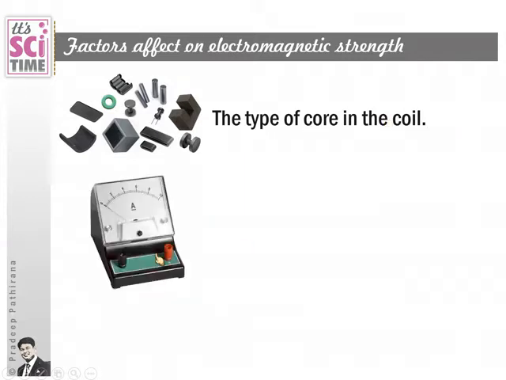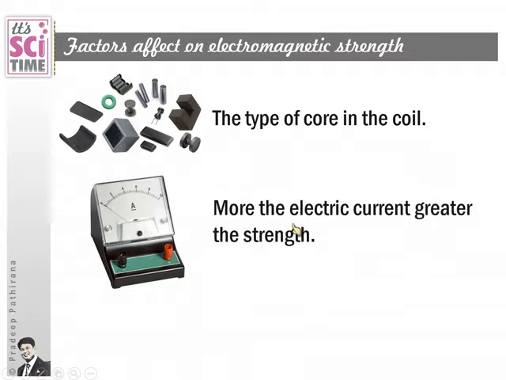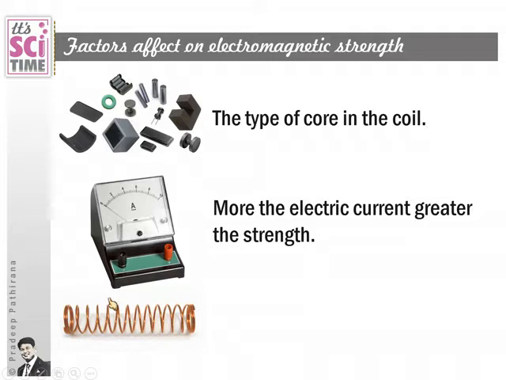Second fact is this. You know what is meant by the ammeter, that measures the electric current. Greater the electric current, greater the strength. By supplying more electricity, we can improve the strength of it. Third one is the number of turns of the coil.